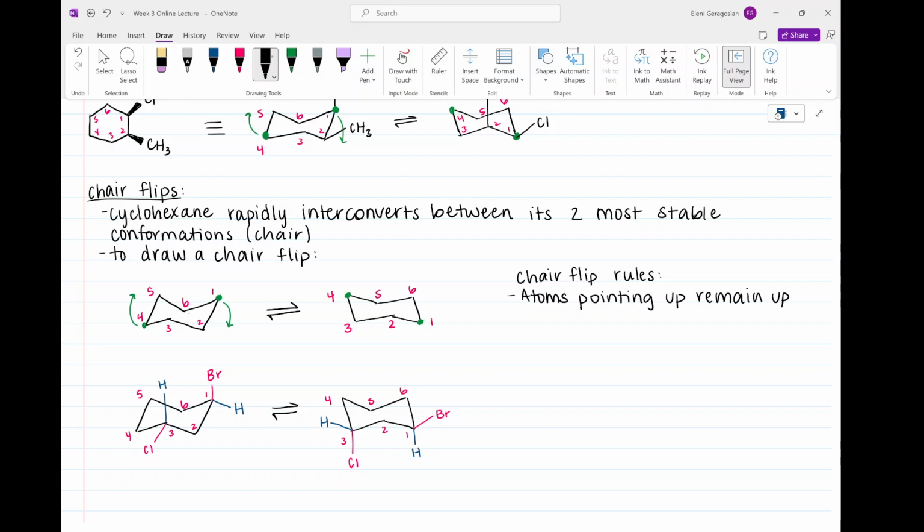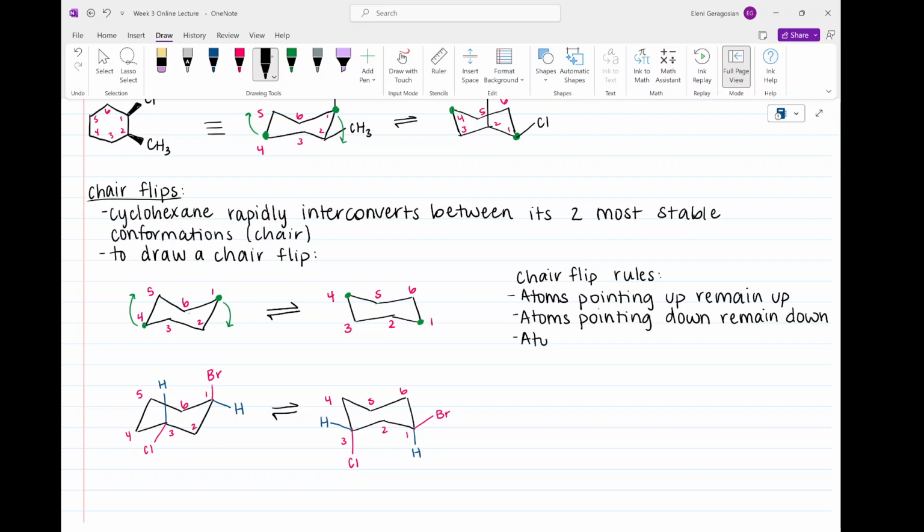So atoms pointing up remain up, atoms pointing down remain down. And then notice for bromine, it was originally axial, and in the chair flip it's equatorial. Chlorine was originally equatorial, and in the chair flip it is axial.